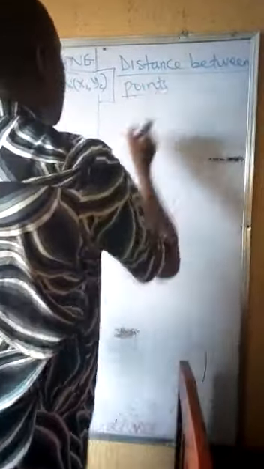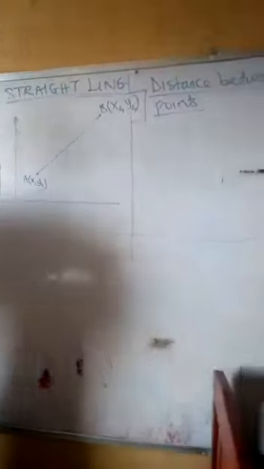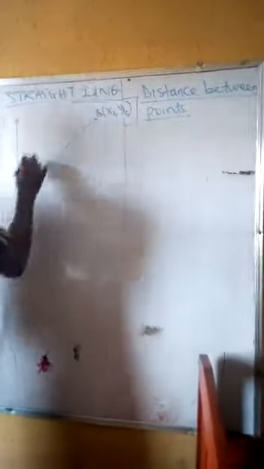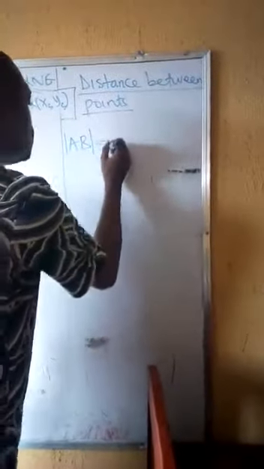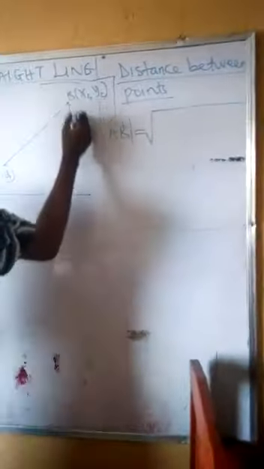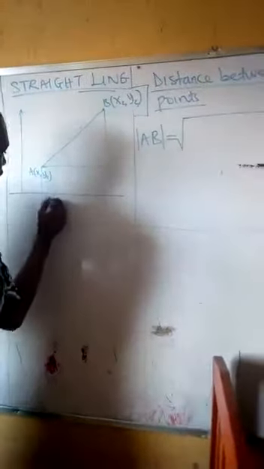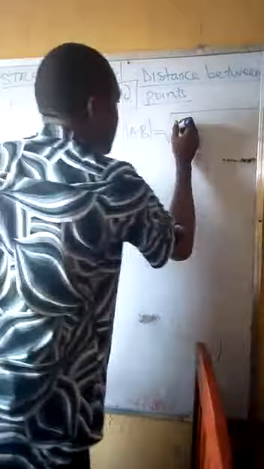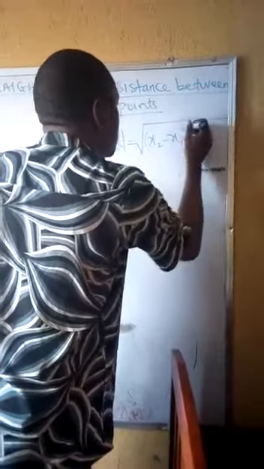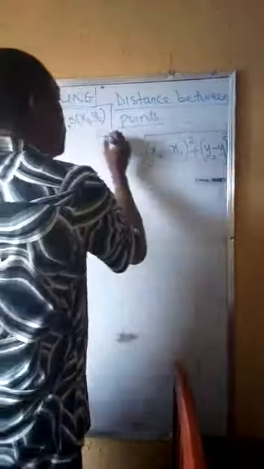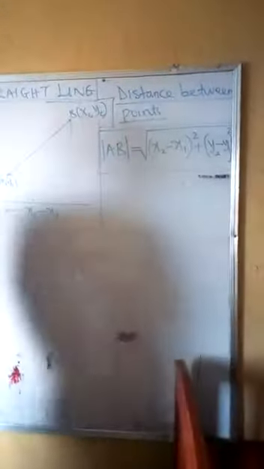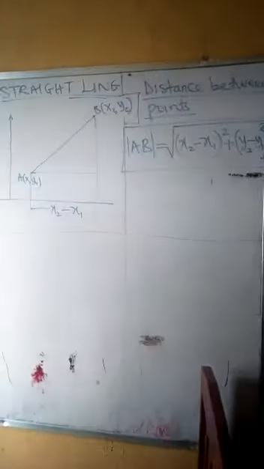To get the distance between 2 points, the formula is square root of the difference between the x values, x2 minus x1, all squared, plus difference between the y values, y2 minus y1, all squared. That's the distance between the points or the length of the line.